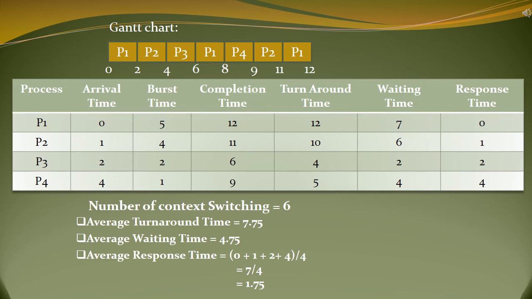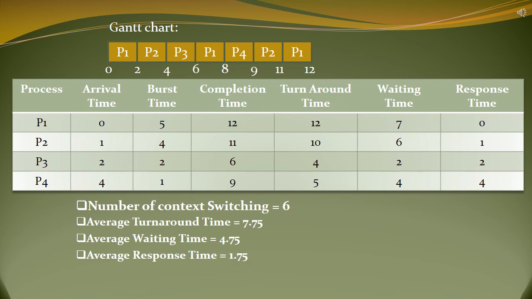For the average response time, we have to add all the response times of these 4 processes divided by the number of processes, that is 0 plus 1 plus 2 plus 4 divided by 4, that is 7 divided by 4 equal to 1.75 millisecond.